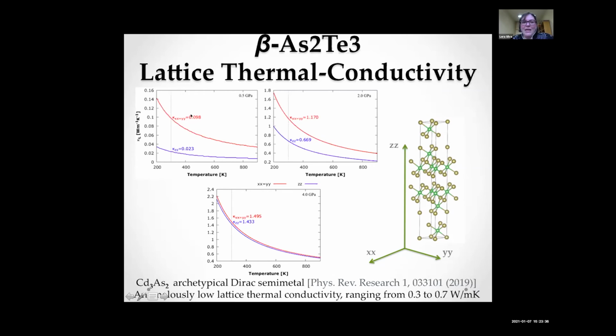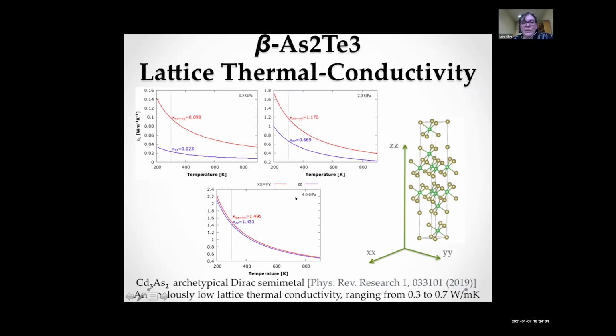And actually we found a lower value. If we compute the lattice thermal conductivity at the Dirac point, at the pressure where we found the Dirac point, it increases slightly. However, it's still low compared to other systems that are good thermoelectrics like tin selenide, which has values around 2, more or less.